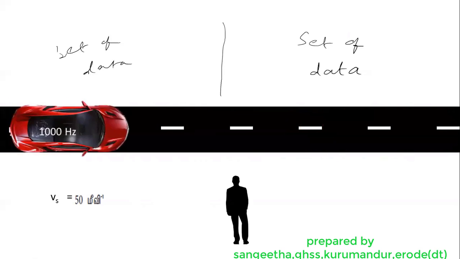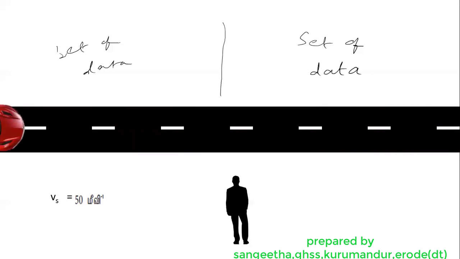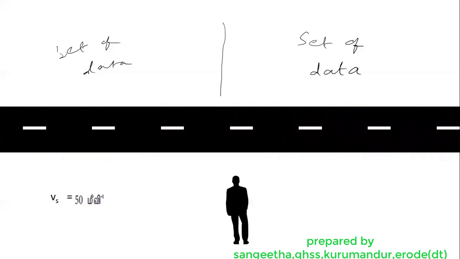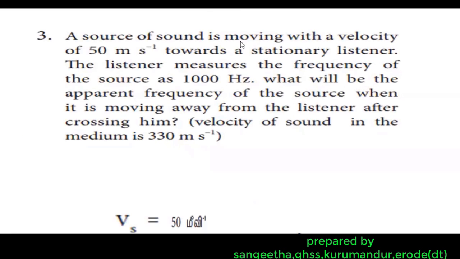In both cases, n dash will be the same, but you have to find out the value of n and then substitute the value of n in the second one. We have all the data, Vs and n dash, so you can find out the value of n.